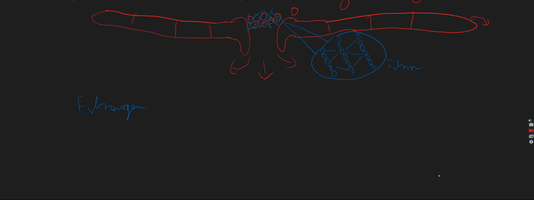So we need a way of converting fibrinogen into fibrin when we bleed. And when we bleed, there's another enzyme present which converts fibrinogen to fibrin, and that enzyme is known as thrombin.